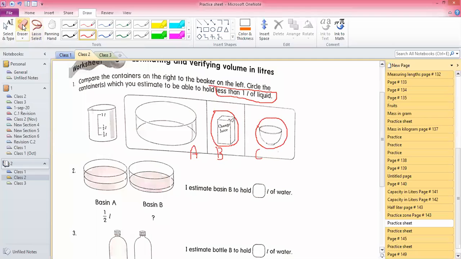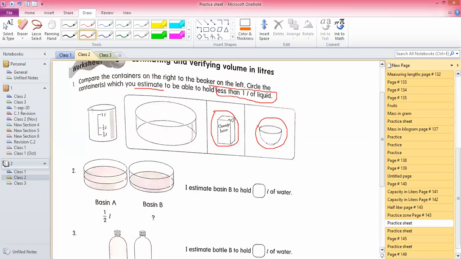Okay. What is the question, guys? The question is you have to circle the container which you estimate to be able to hold less than 1 liter of liquid. Container A can hold more than 1 liter of liquid as well.